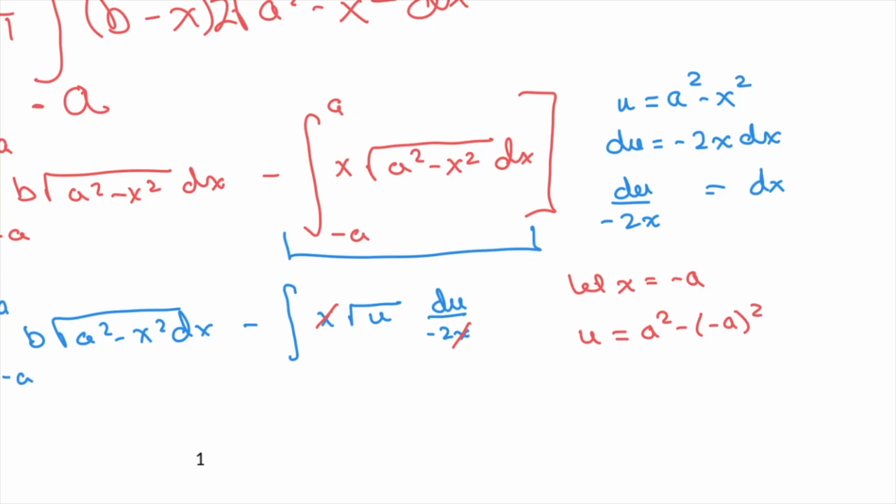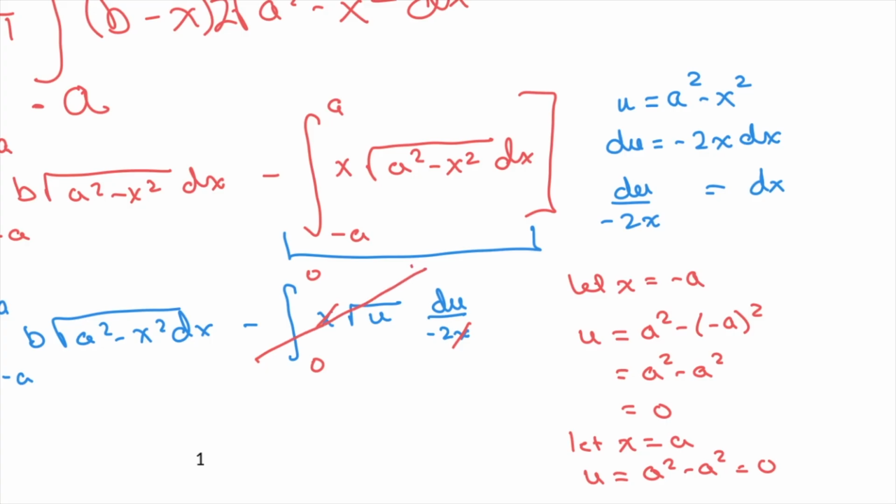We're going to get u is equal to a squared minus a squared, and that is 0. So the bottom endpoint is 0. Now, if we let x equal a, let's see what happens. u is equal to a squared minus a squared, which is also 0. So we're integrating from 0 to 0, and the right-hand side of our expression becomes 0.